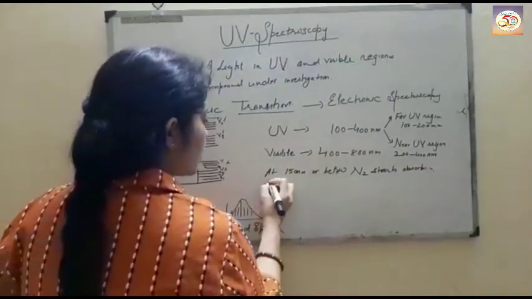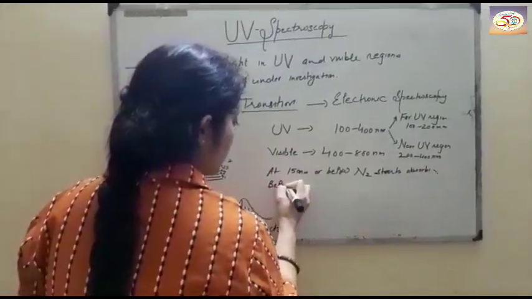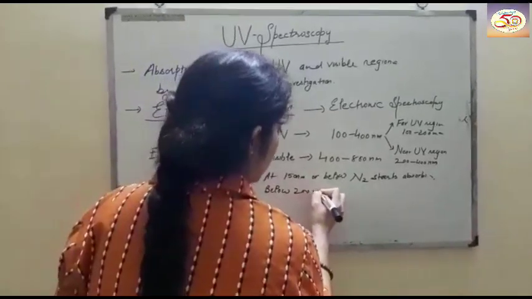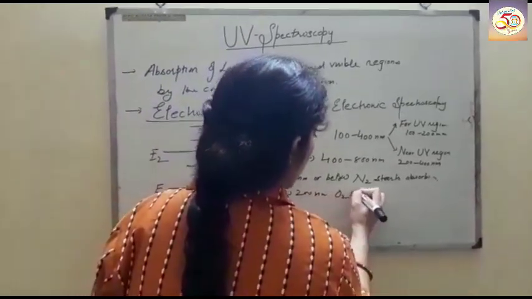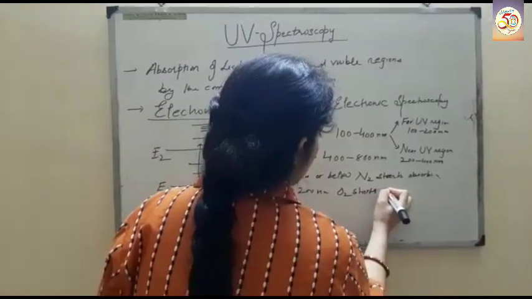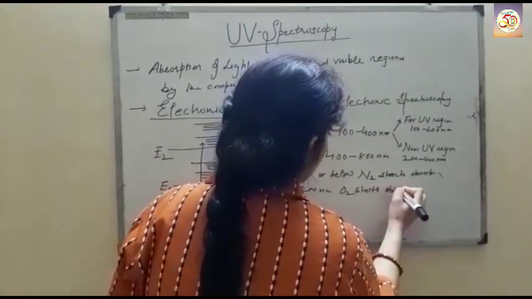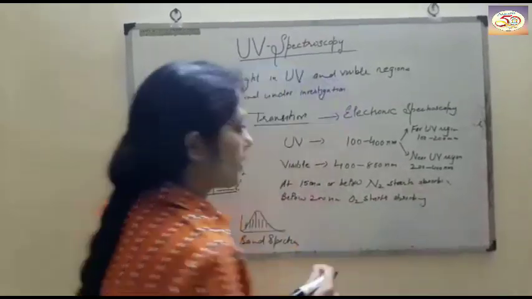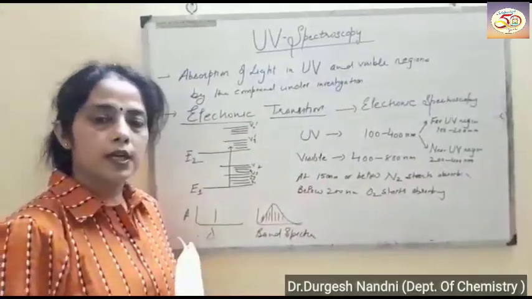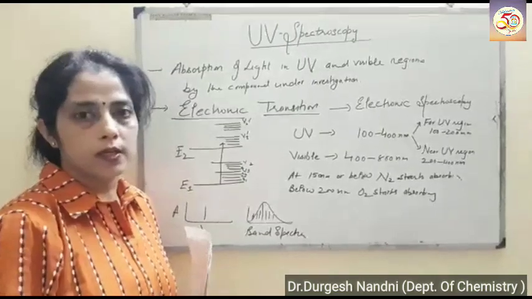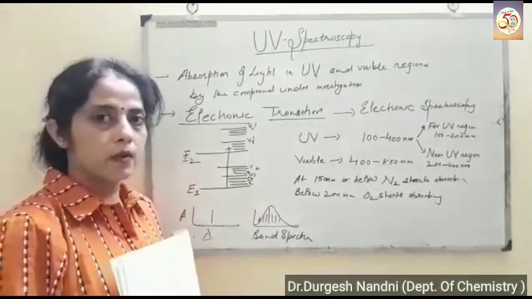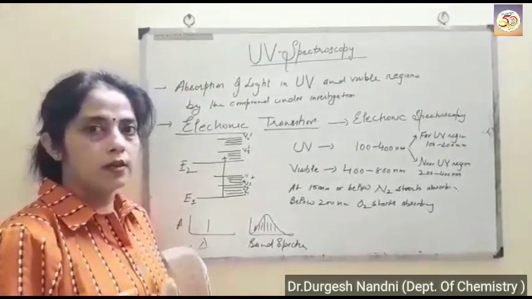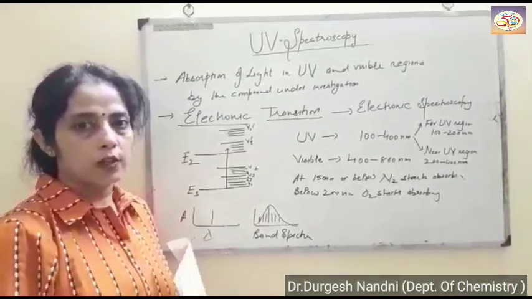And below 200, oxygen starts absorbing. So, before studying the sample in the UV region, an inert environment is needed. First of all, the sample should be deoxygenated before taking the spectra.